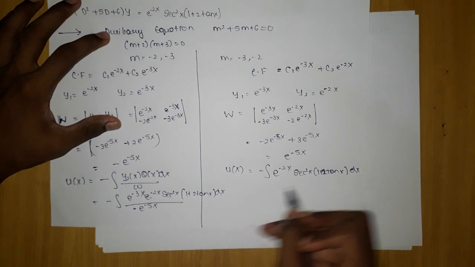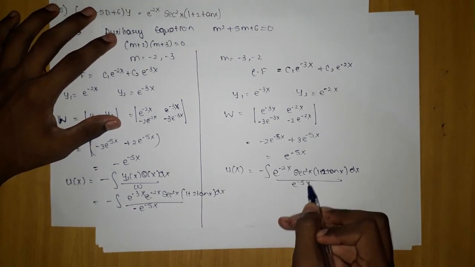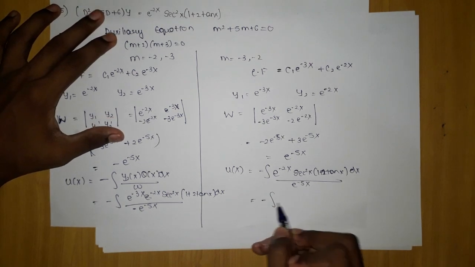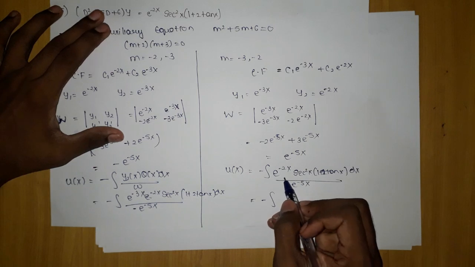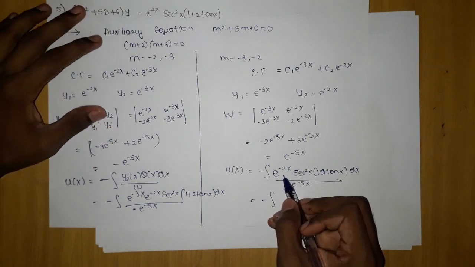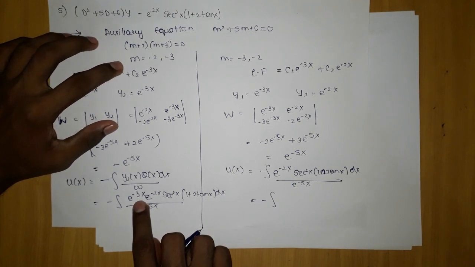I forgot to write here, dx by W is e to the power minus 5x in this case. Minus sign will remain as it is, and this will again get cancelled out. Here it was e to the power minus 2x, and here it was minus 3x.